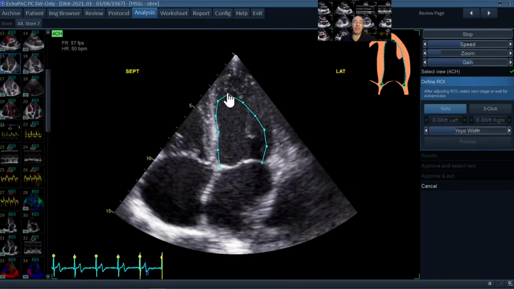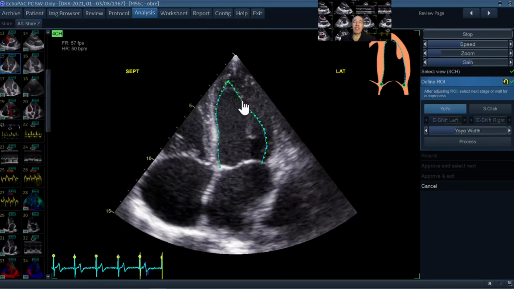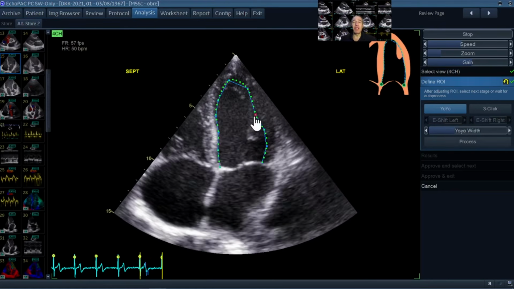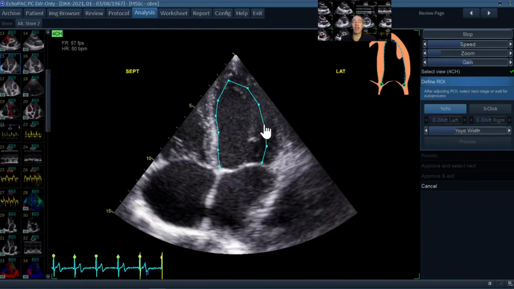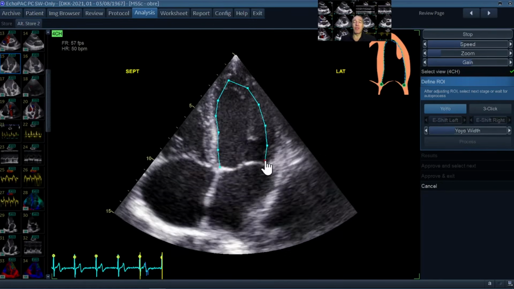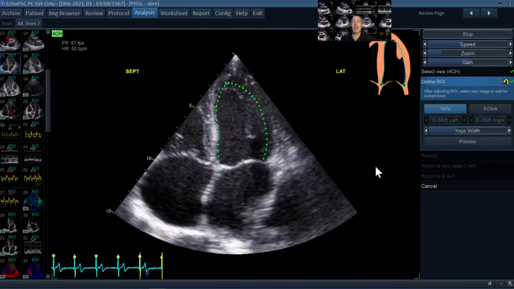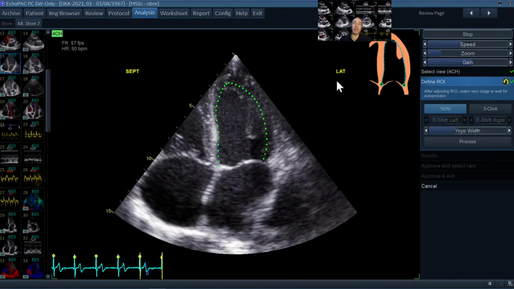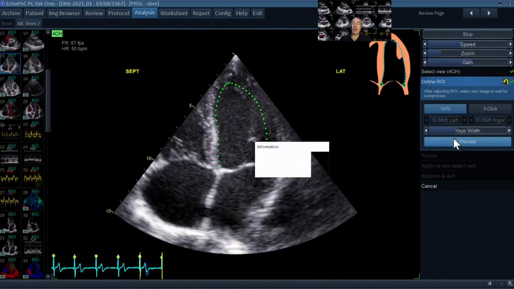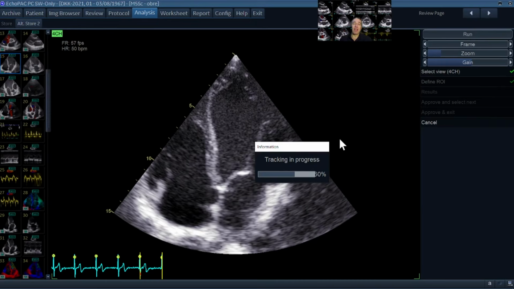However, as you know from this image, the apex seems to be a little bit foreshortened. That's why I make here some corrections, maybe not so much. And when I'm happy with the contouring, we have the septum and the lateral wall, I press on process.